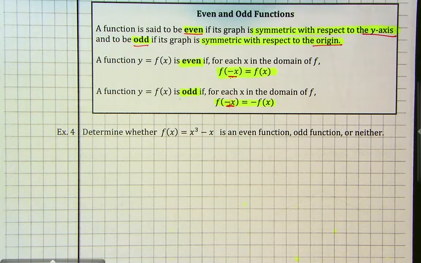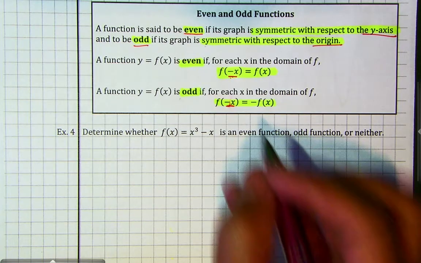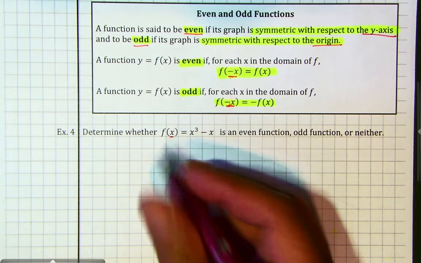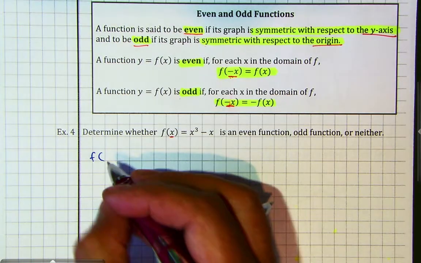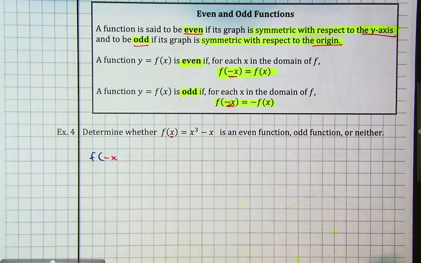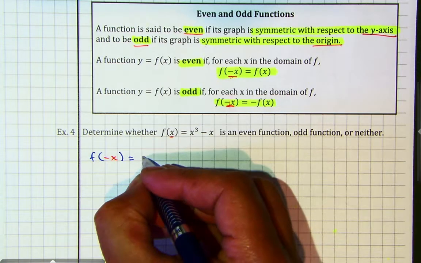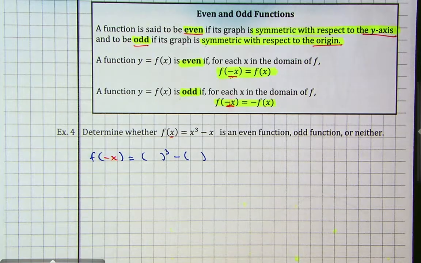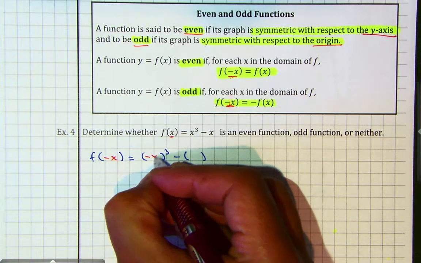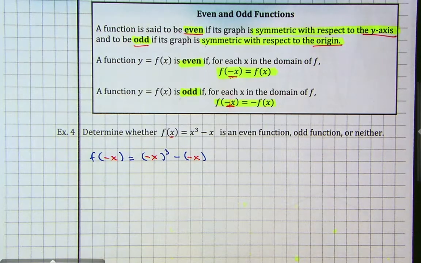So what we're going to do is replace your x with a negative x. So f of negative x is equal to x to the third power minus x. Since I'm replacing the x with a negative x, now I'm going to just simplify.